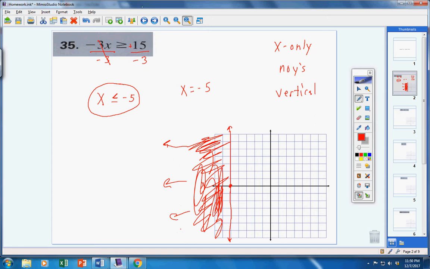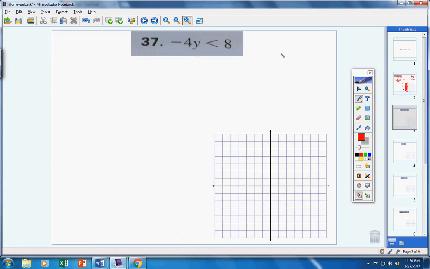Okay? Number 37. Notice we have a y only inequality. Thus we know we're going to have a horizontal line. Now, first of all, let's get y by itself. So we'll divide both sides by a -4. Those cancel.